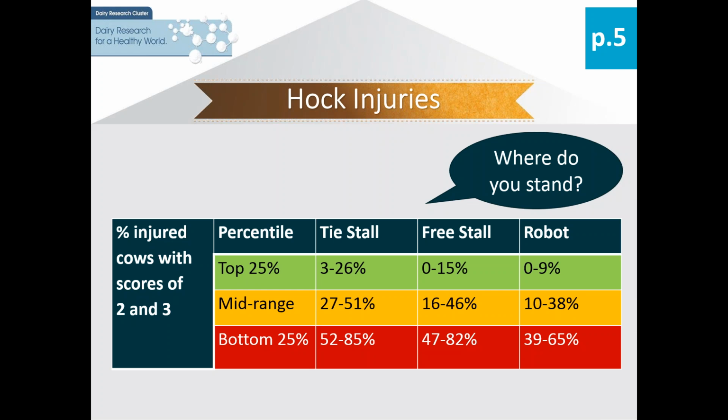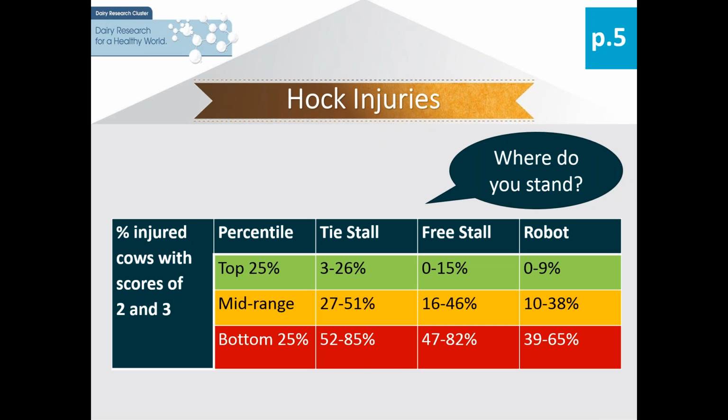If we look at the data, what you see here is the percentage of injured cows with scores 2 and 3 across all our sample herds, whether they're from tie stalls, free stalls, or in this case robotic or automated milking farms.